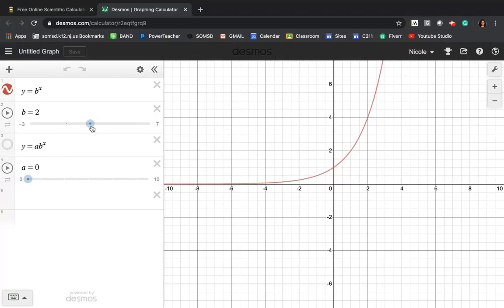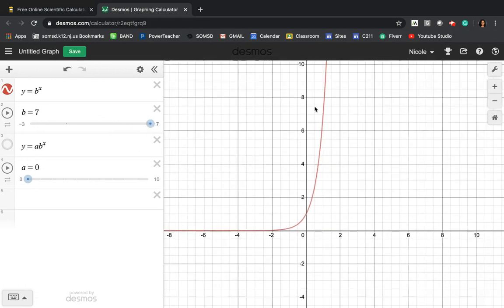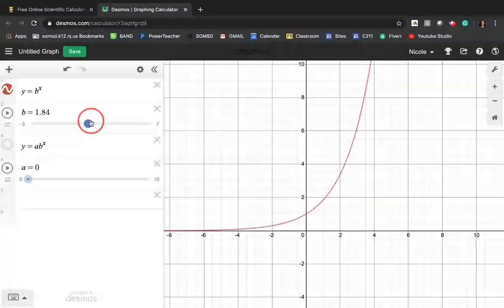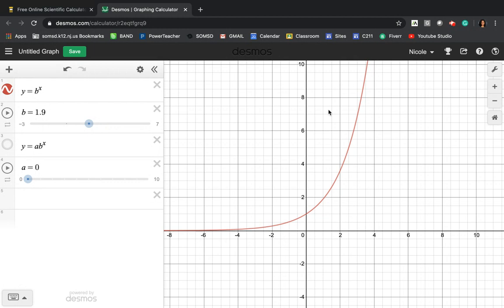So right now I have this little slider, right? And b is equal to 2. So this right here that's being graphed is y equals 2 to the x. Now what happens as I make the base a larger number? It is growing at a quicker rate, right? Versus, let's go back down, here's 1.9 to the x. You see how it's a nice little curve.